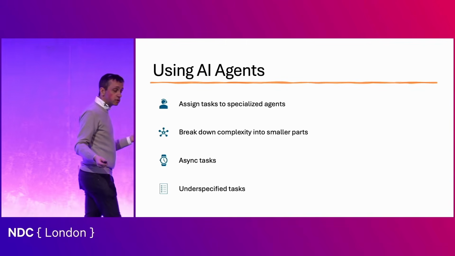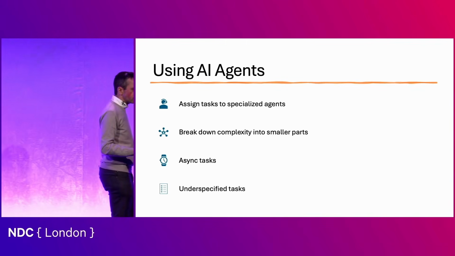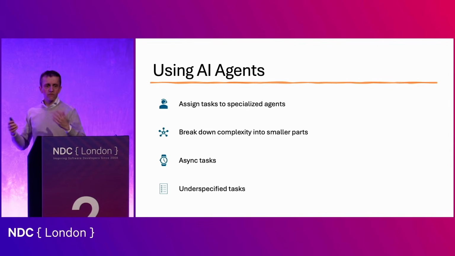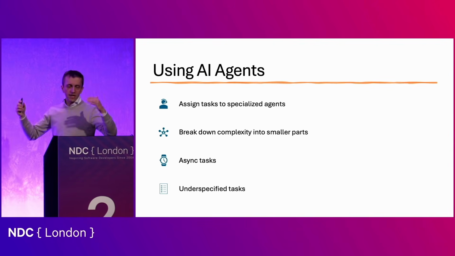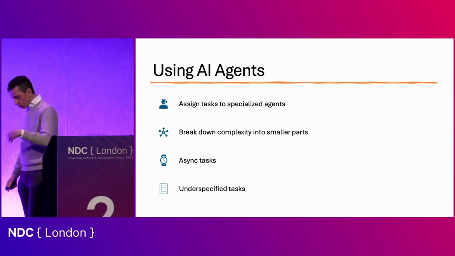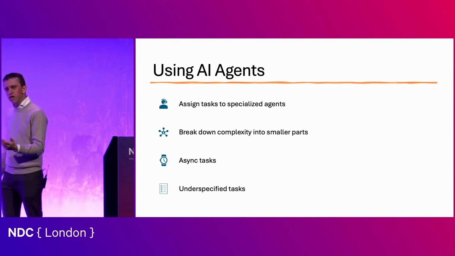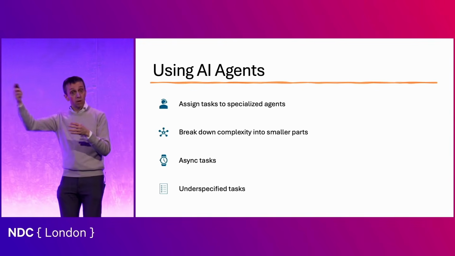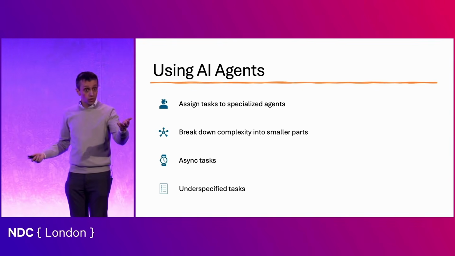So like I just said, you assign agents to specific tasks. That's pretty much what you will do. You make it less complex. Because if you give a model too much work, it is going to fail. It's going to do something wrong, just like you would if you have too much on your plate. Models often are associated with asynchronous tasks, being you ask it to do something and it will come back at some point. That's pretty much how you do your work as well.